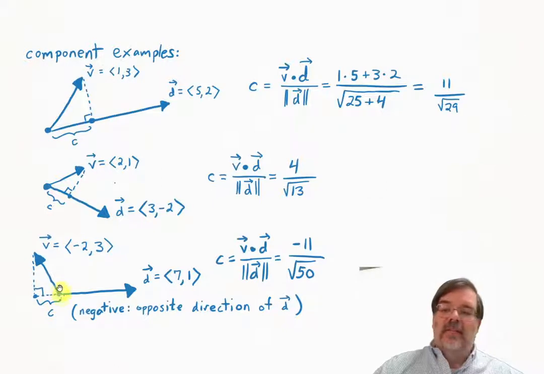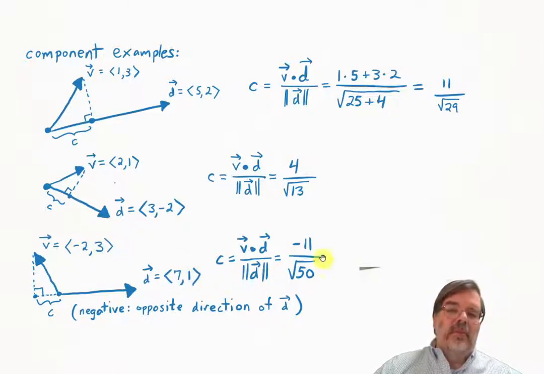It's kind of interesting if v is pointing slightly away from the vector d. So in this example, let's say v is the vector negative 2, 3, and d is the vector 7, 1. In this case, well, as before, c equals v dot d. That's negative 2 times 7 plus 3 times 1. Sorry, negative 2 times 7, that's negative 14, plus 3 times 1, that's 3.